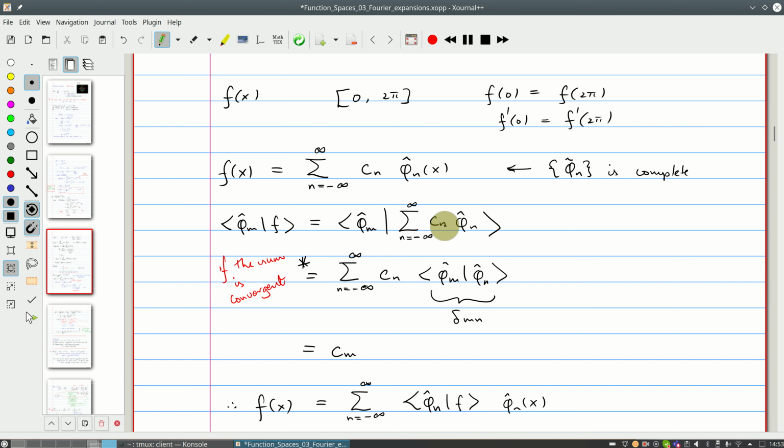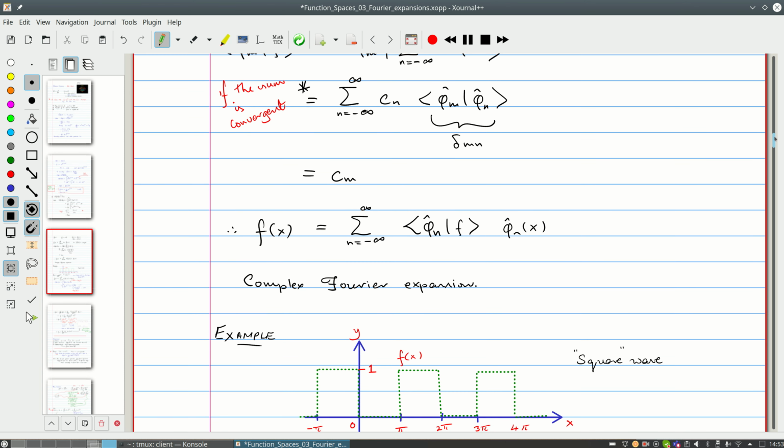Remember, the Cn's are scalars, but they are in the ket side, so they can be brought out without any complex conjugation. And then this phi m inner product with phi n goes inside the sum, and this of course is just delta mn as we have seen, so we get a single constant Cm.